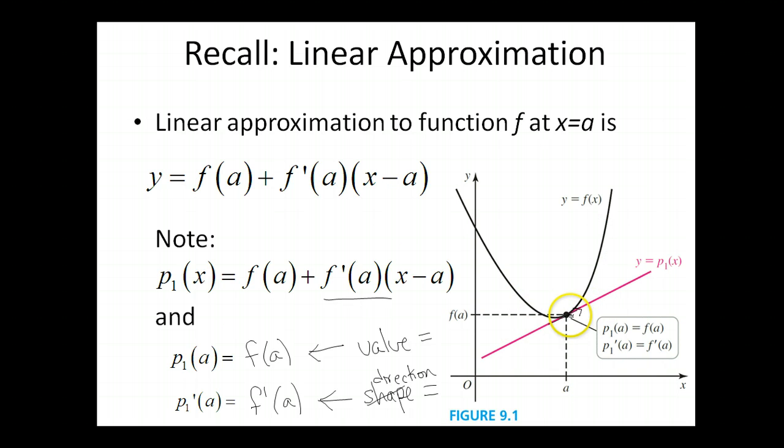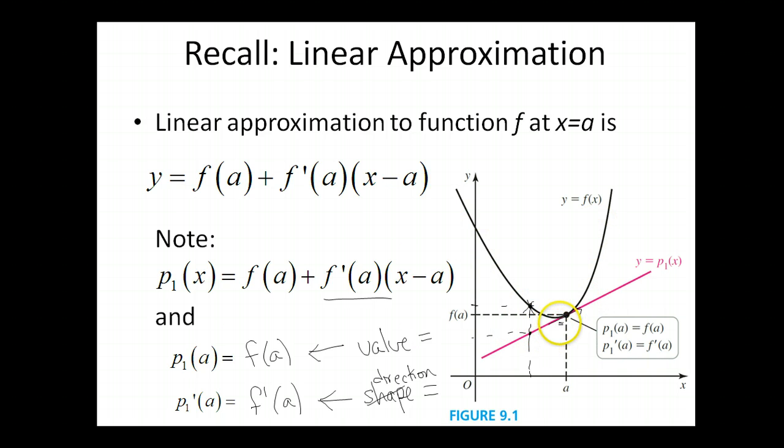If you move anywhere away from a, the line no longer well approximates the function. So for example, if you were looking over here at whatever this value of x is, the line does not give you a good approximation for the value of the function there. The line would say it's approximately whatever this y value is, but the function actually says, nope, I'm way up here. So anywhere away from a, this tangent line is not giving you a good approximation, and that's technically because the line has no curvature and the function does.